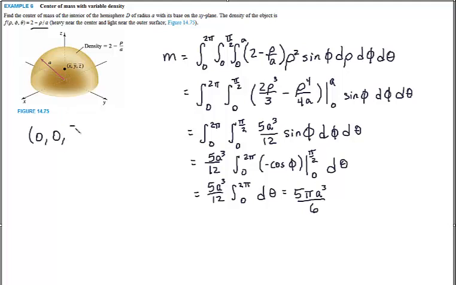So we're looking for, once again, that value. So for our moment, we are looking for the moment xy, and we're going to integrate again.